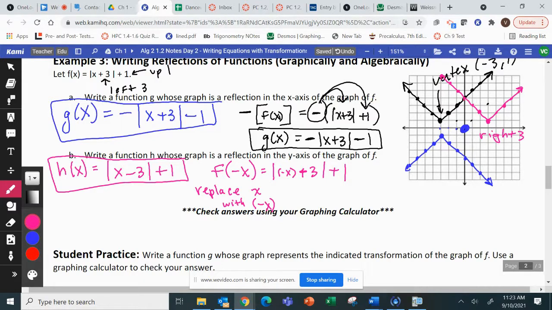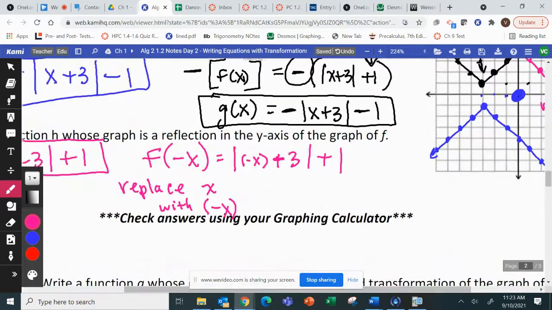Okay, so here's the trickiest part of all of this. And this is why, if there is a graph, I think it's easier to just look at the graph and find the equation. So here's something about absolute value that you probably didn't get enough practice with before. I'm going to manipulate this absolute value a little bit.